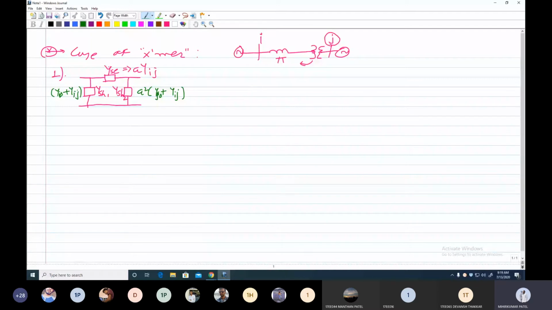placed at the jth bus. Similarly, case number 2, here we have the diagram for case number 2, where now the position of the transformer is changing from the jth bus to the ith bus.